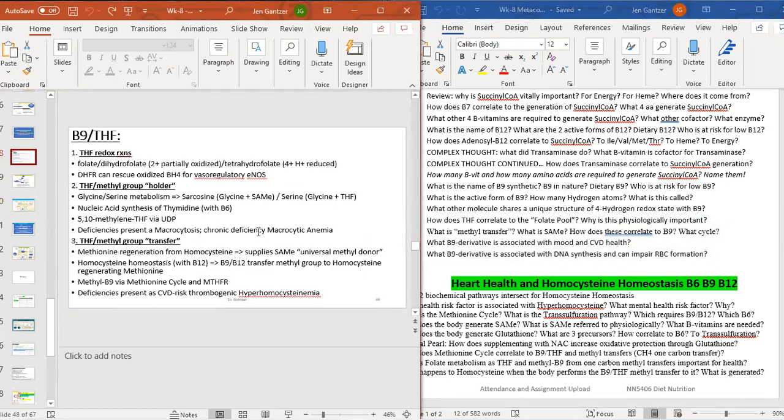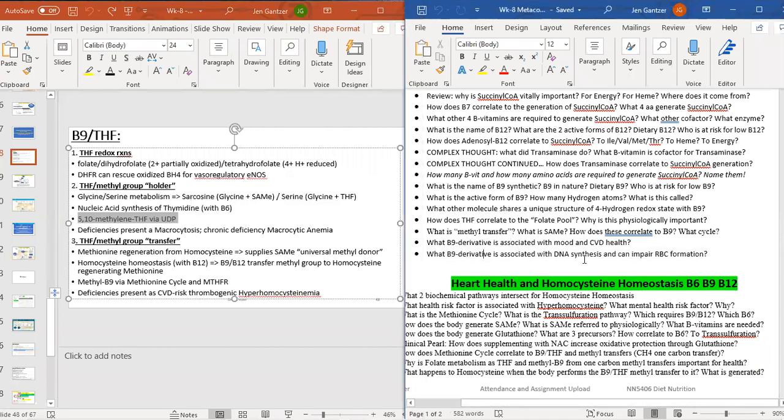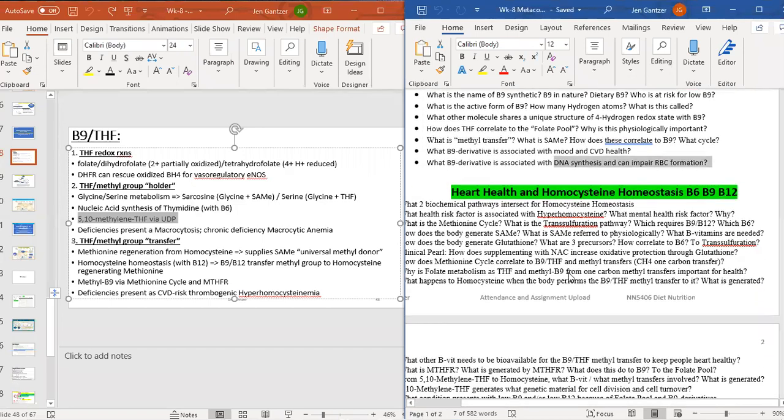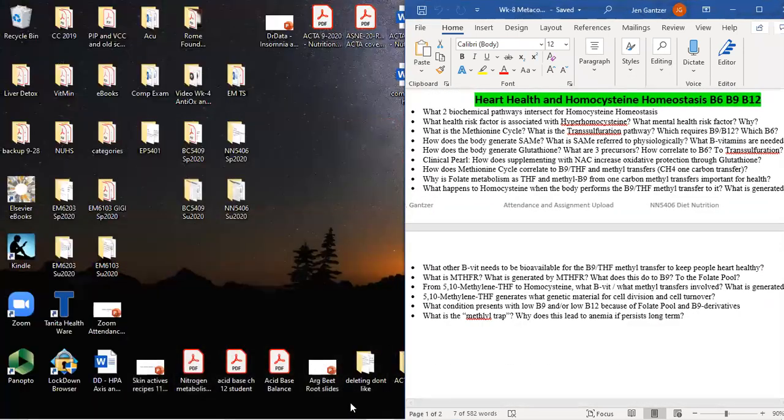But if you refer back, 5,10-methylene tetrahydrofolate is the B9 derivative directly correlated to anemia. 5,10-methylene tetrahydrofolate through the UDP is the B9 derivative that is directly correlated to anemia and impaired red blood cell formation. All right, so let's dive into the methionine cycle because it can be a little heavy.